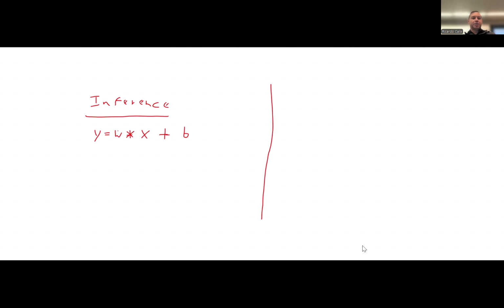Let's say this represents a line, and the line is trying to separate samples. We control the shape of the line with the W's and the biases. And I'll write Y hat to indicate that's the predicted value.